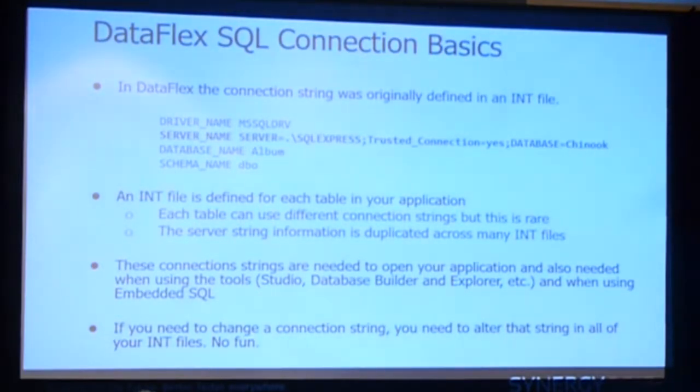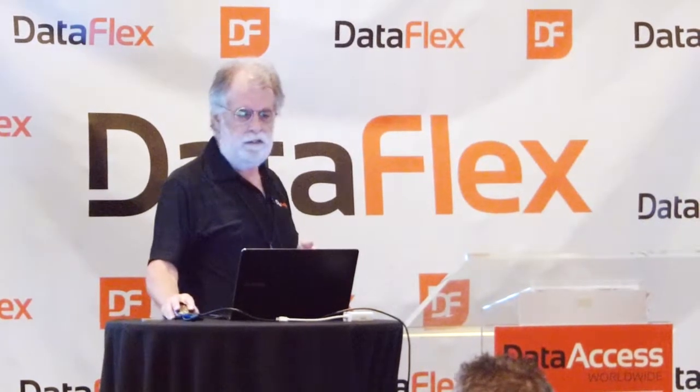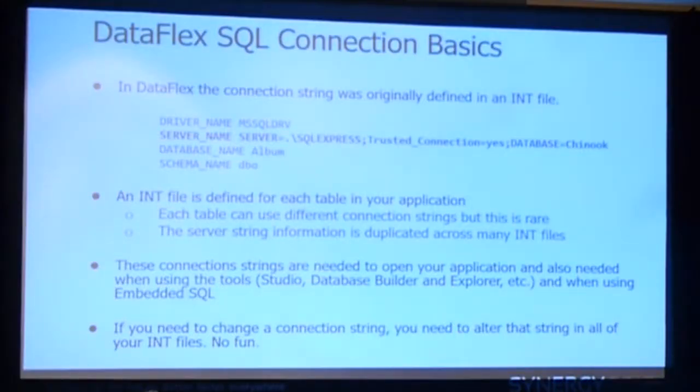The information about the server, of course, would change depending on where you were going to be installing your application. The information about the server in the int file was in this thing that looked like this, this int thing right here, where it says you've got server name equals server something, SQL Express.